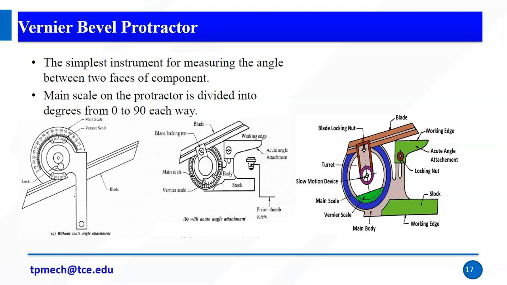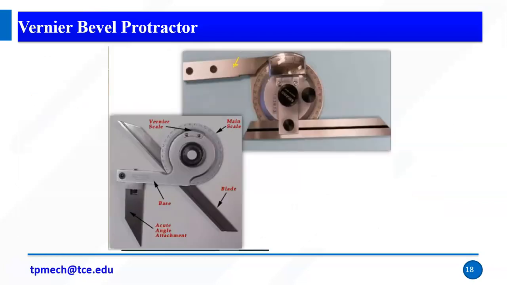Right. So the least count, as with a vernier caliper, is the least count of the main scale divided by the number of divisions present in the vernier scale. Again, the readings can be taken the same as our vernier caliper. Again, this is the vernier caliper industrial representation.